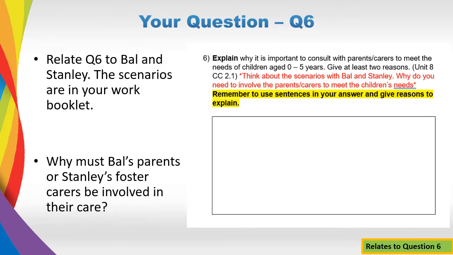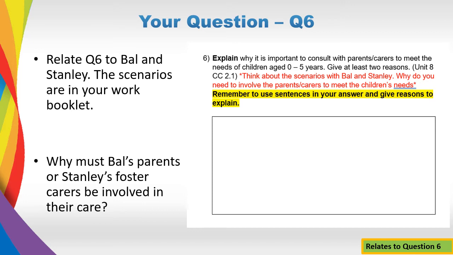So you're now going to look back in your workbook at question number 6, and it's asking you to explain why it is important to consult with parents and carers to meet the needs of children aged 0 to 5 years of age. You need to give at least 2 reasons, so 2 or more, but at least 2. Think about the scenario.